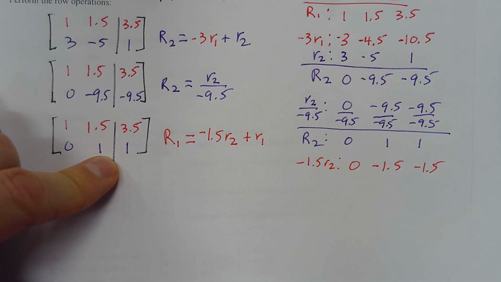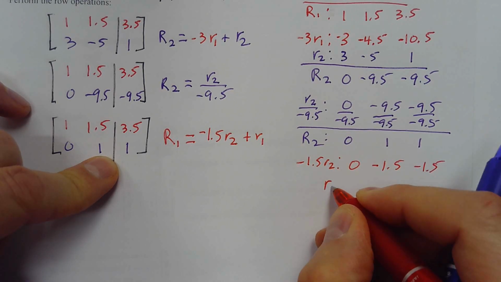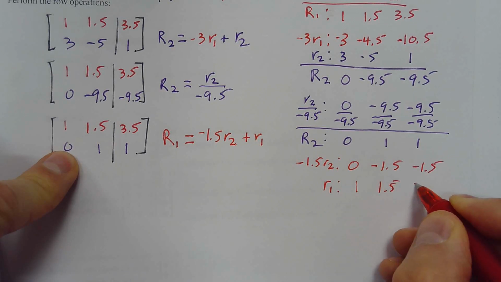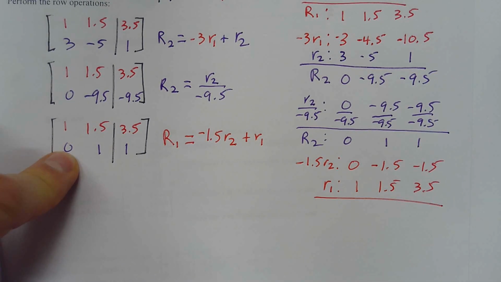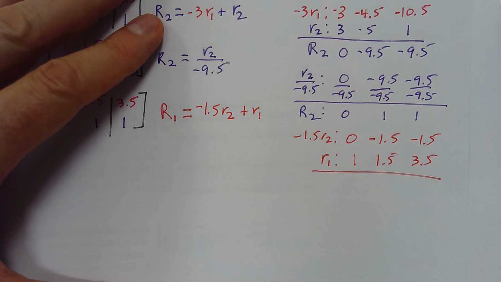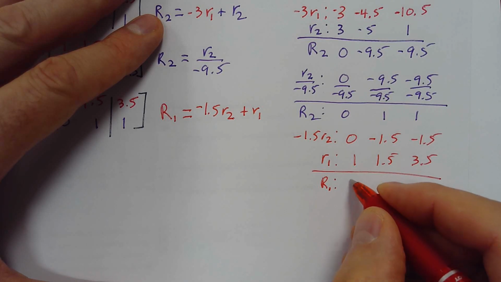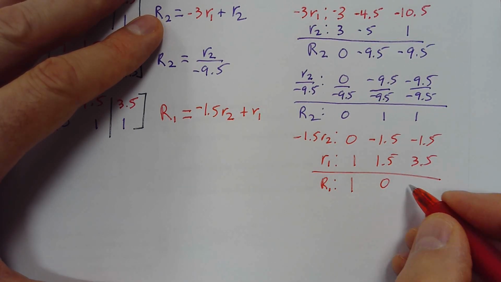And now I'm going to just rewrite my row number 1. It's 1, 1.5, 3.5. So that's my new row number 1. So that's 1, 0, 2.